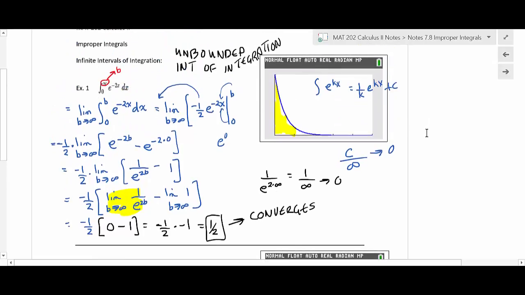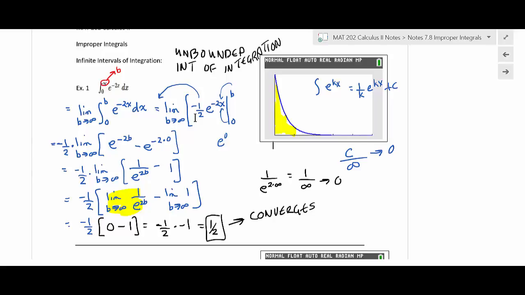Any questions with that? Yes? Do I have to write the limit until the end? Well, there are different things you can do. You can do the integral at the side, get the integral done, then take the limit if you want. You don't have to write everything the way I'm doing.